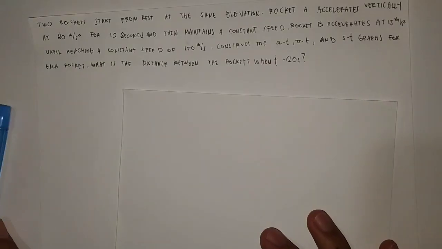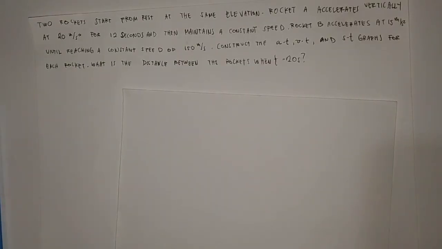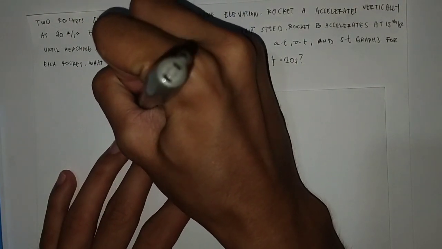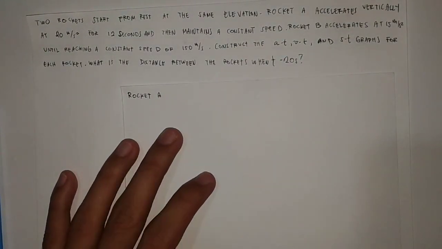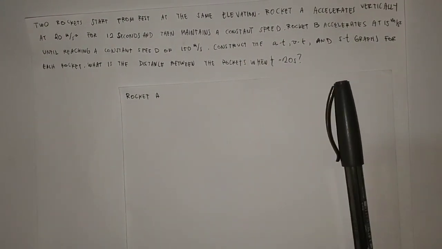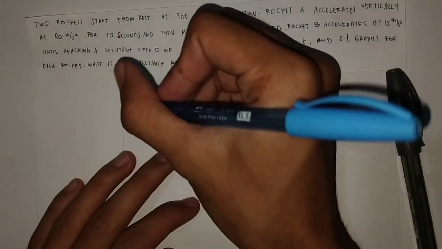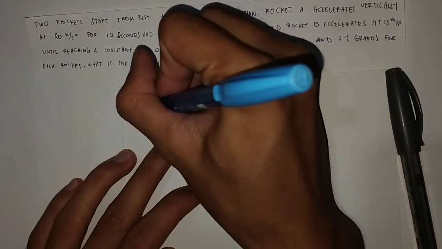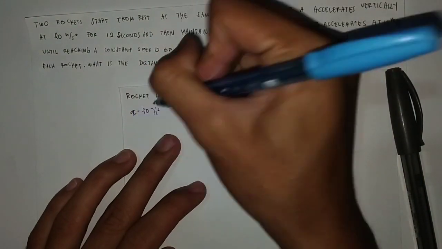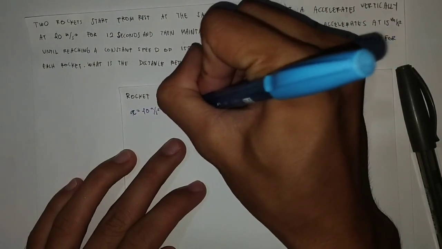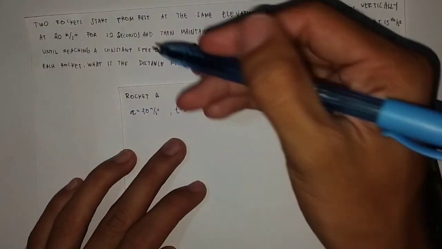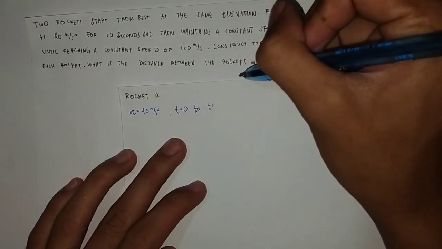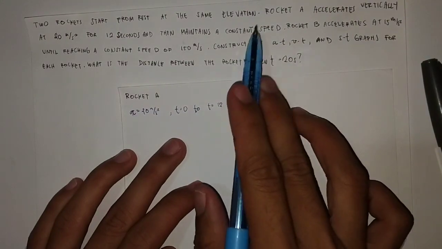Let us first construct the graphs for rocket A. It's given that rocket A has an acceleration equal to 20 meters per second squared at time t equals 0, since it starts from rest, and then up to time t equals 12 seconds, and then a constant speed.